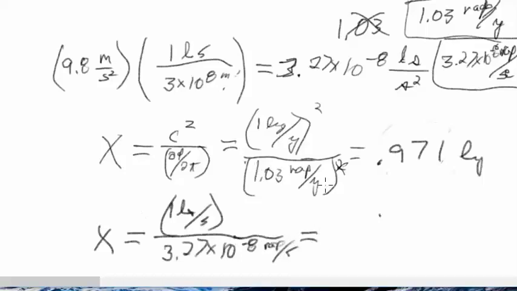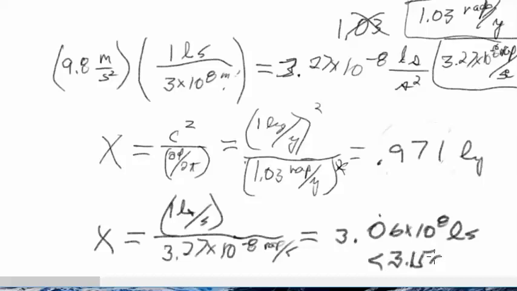And it comes out to be 3.06 times 10 to the 8th light seconds, which is just a little bit less than 3.15 times 10 to the 7th light seconds.